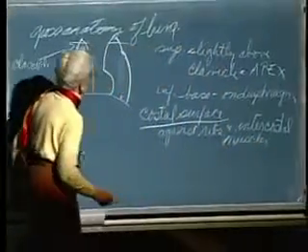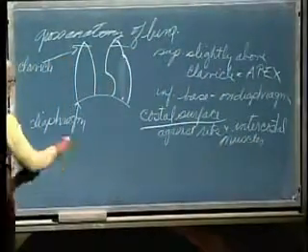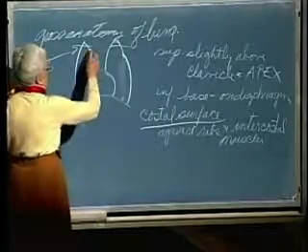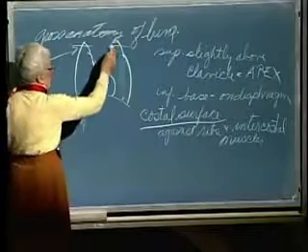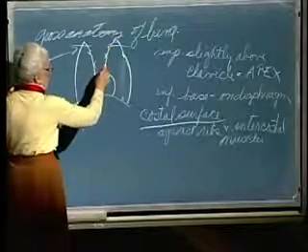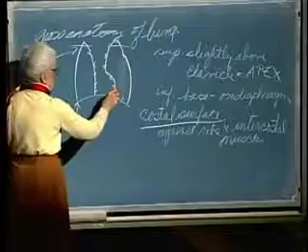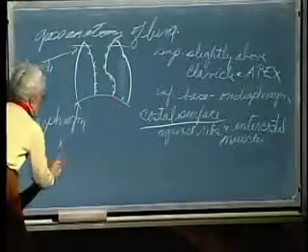And we have the mediastinal surface. So we remembered, I'm just going to do it with X's here, because the mediastinum is the area between the two lungs. So we have the mediastinal surface.